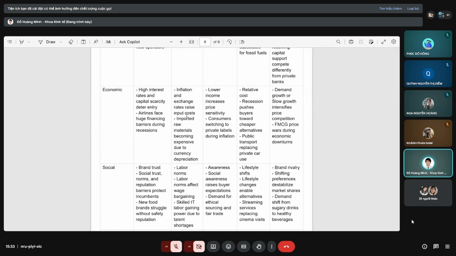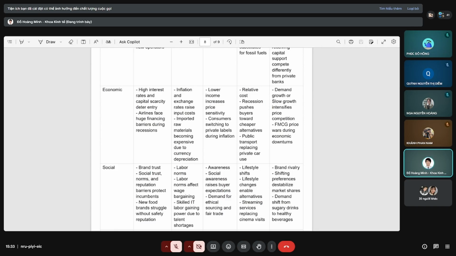So we move to the buyer's strength. For example, inflation will push the consumer toward the private label because their purchasing power is decreased, so they do not have enough money to buy the national brand product, but they have to find a cheaper alternative, right?